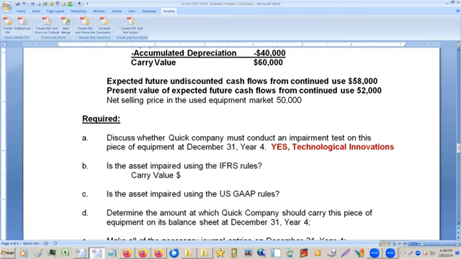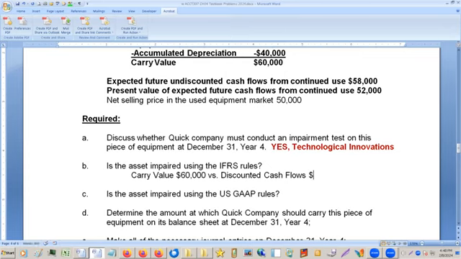The carry value, which is 60,000, versus the discounted cash flows, which was it 52,000?